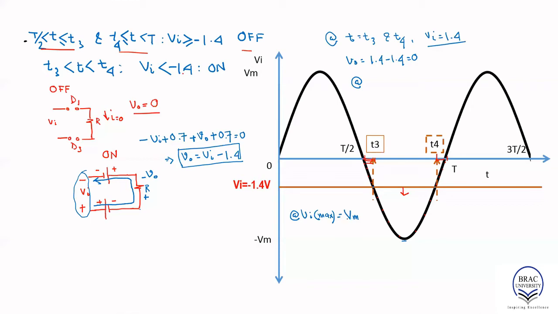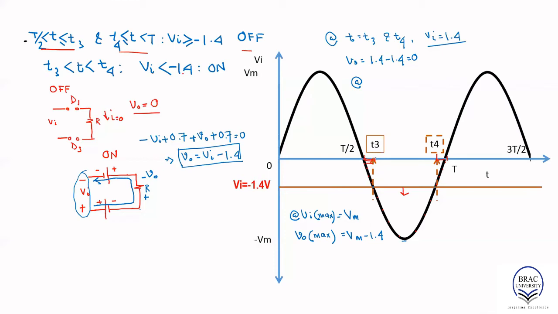So now if I put the value of Vm here, we're going to get Vo max equal to Vm minus 1.4. So that gives us some positive value.